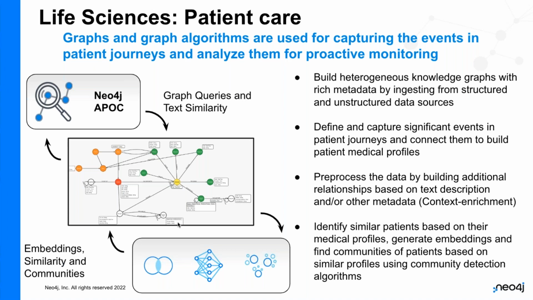unknown profile. Life sciences, again, we can use graphs and graph algorithms for capturing the events in patient journeys and analyze them for proactive monitoring. This is becoming increasingly interesting for insurance companies, medical insurance companies, hospitals, pharmaceutical companies and medical research companies.